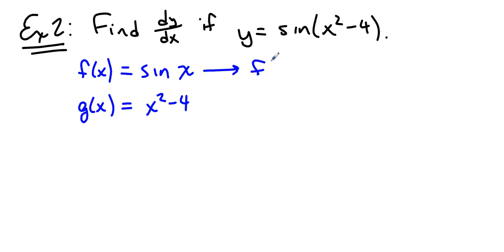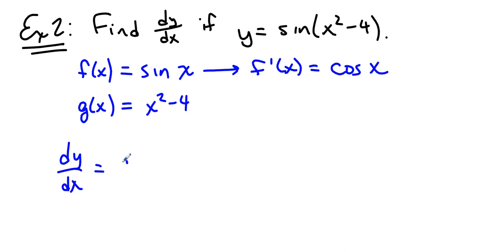So we ask ourselves what f prime is. The derivative of the sine function is the cosine function. And so dy/dx is f prime at g of x times g prime of x.